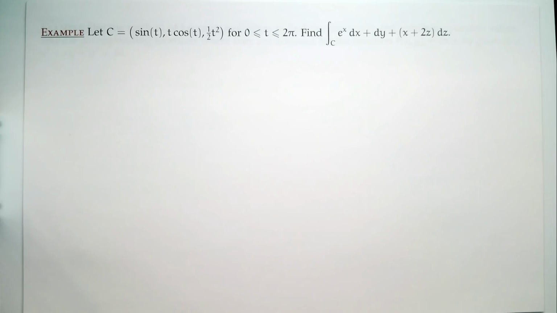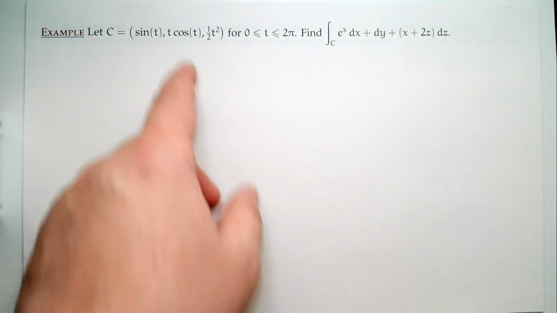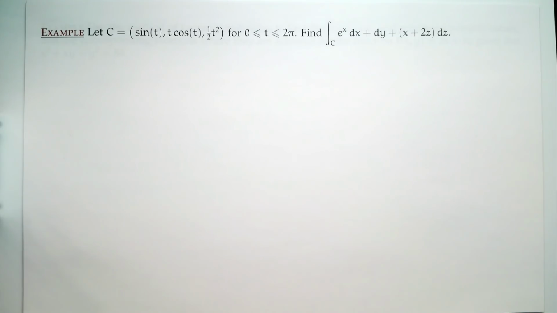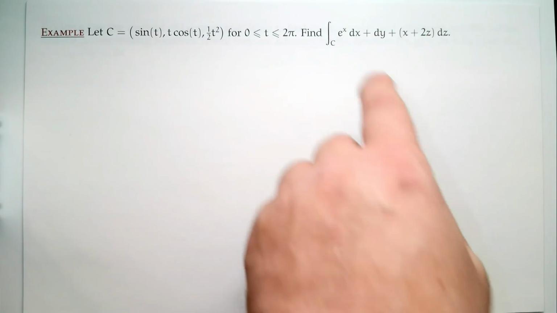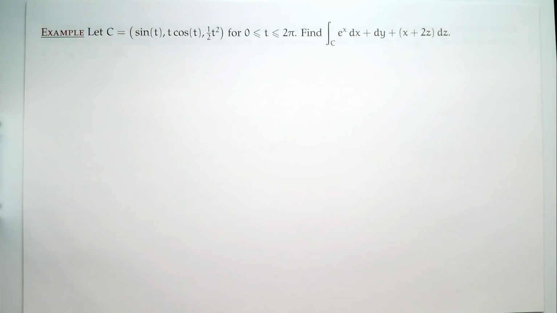Now, looking at this, you might say, this looks like a conservative line integral type problem because you have some crazy curve and you have some function. But there's two reasons why this is not a conservative line integral type problem. The first reason is because those types of questions aren't on the exam. That's a good reason. But the second reason is this is not a conservative function.